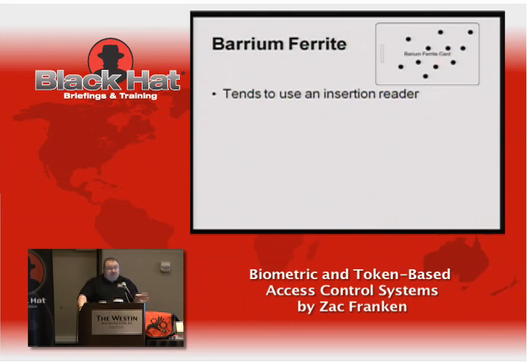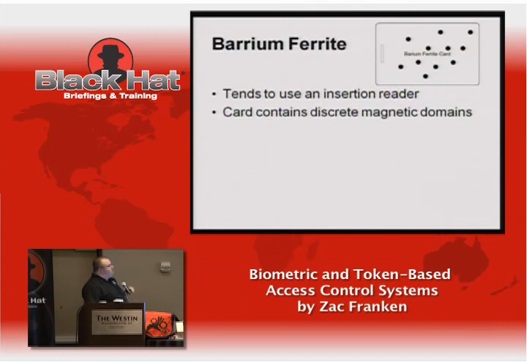This tends to use an insertion reader, but the ones I've seen around today, you literally take the card and place it flat against the reader. And it has a whole lot of little magnetic zones on the card, as you can see here, which are polarized and in various positions.